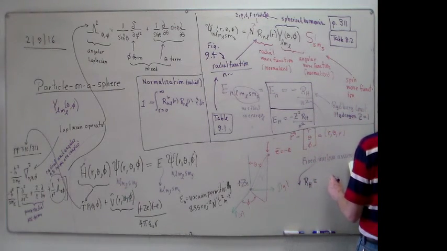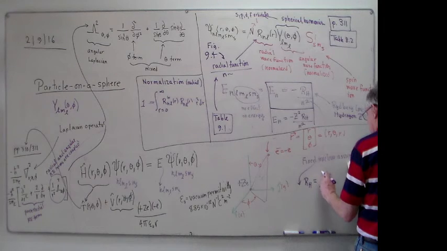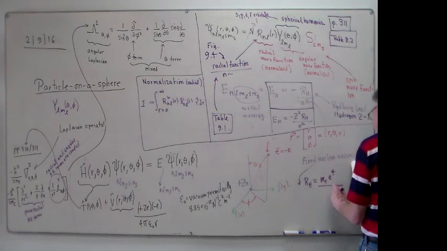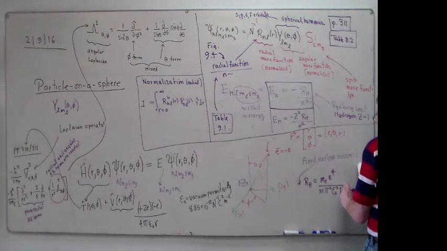And so, it is the mass of the electron times its charge to the 4th power divided by 32 pi squared epsilon 0 squared h bar squared n squared.